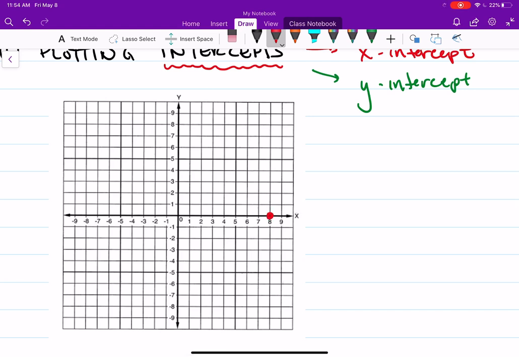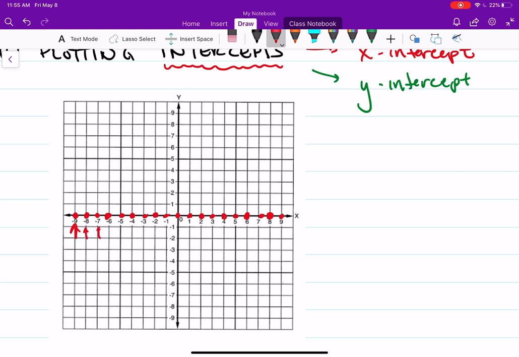No matter what point I plot along the x-axis, these are all x-intercepts, right? Every single one of these is an x-intercept. What do you notice if you plot all these points? Let's start from left to right. This would be negative 9, 0.